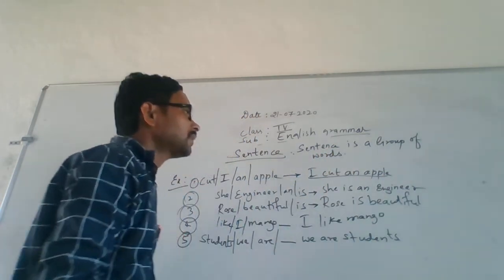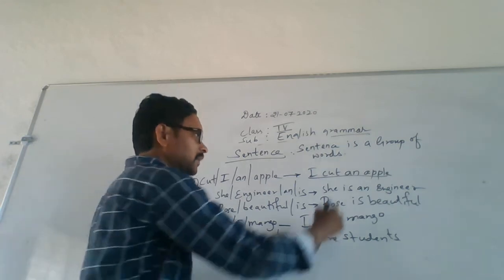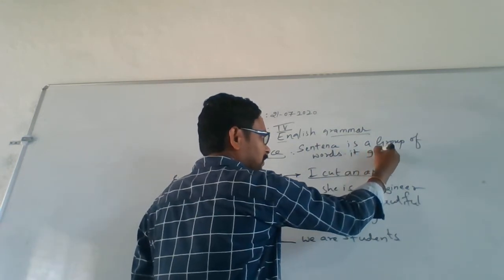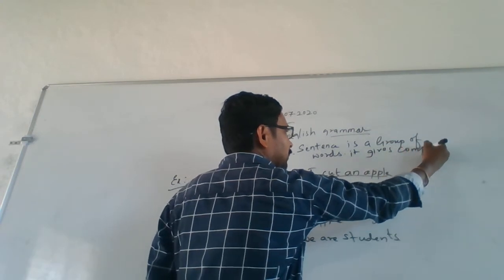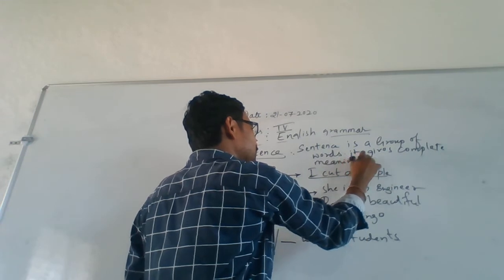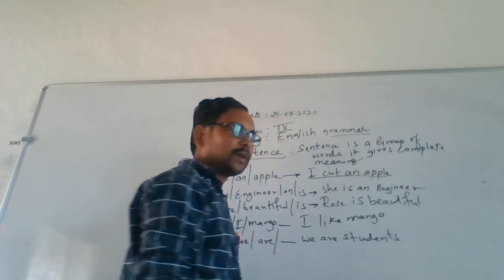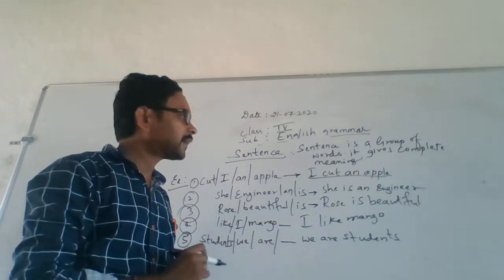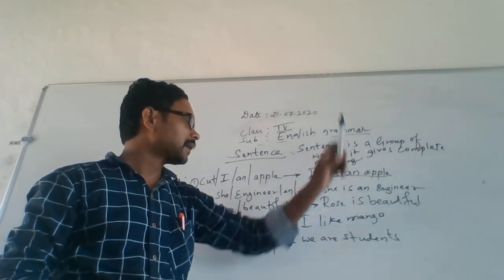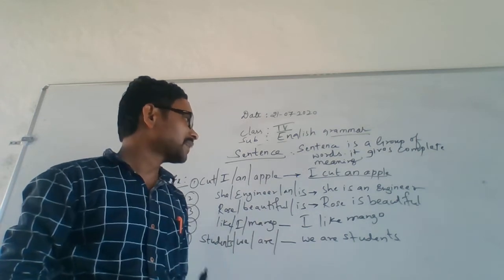Sentence means what? A group of words. It gives complete meaning. Does it understand? You got it? Now what is sentence? Sentence is a group of words. It gives complete meaning. Just we take first example.